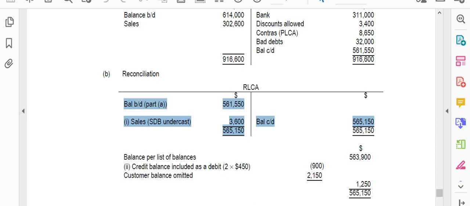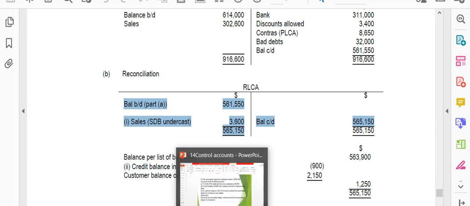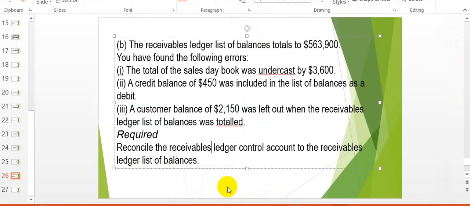So you've got the balance per list of balances, 563,900. Let's look at the individual errors. A credit balance of 450 was included in the list of balances as a debit.